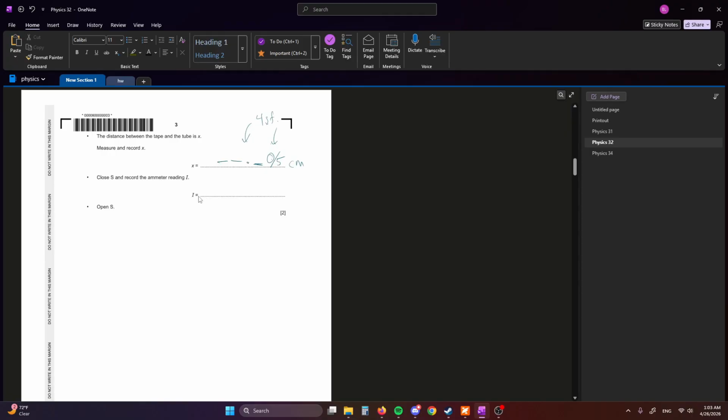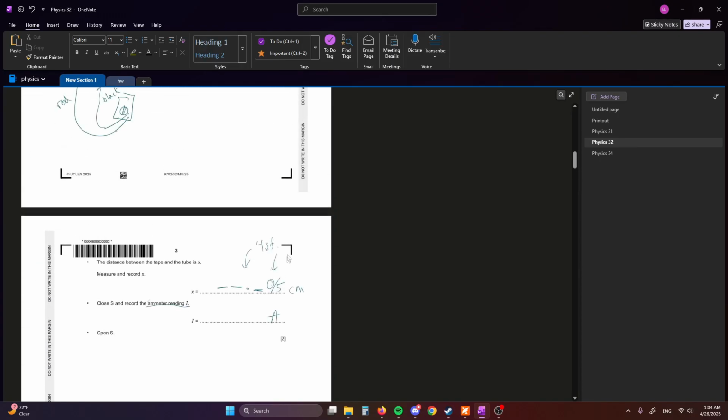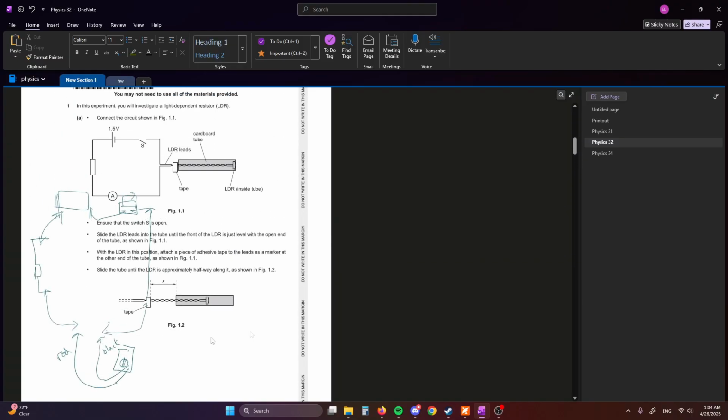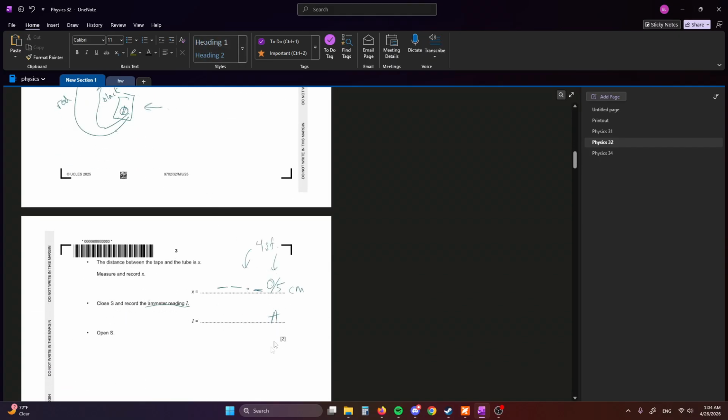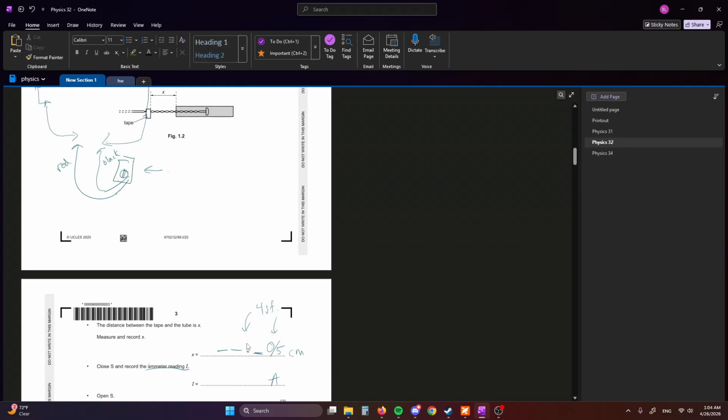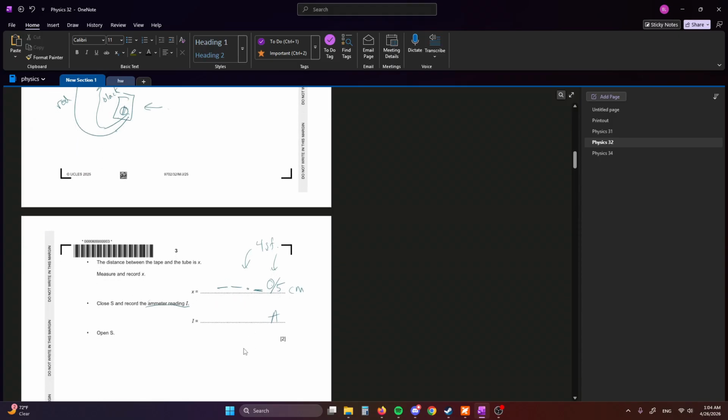But yeah, and then we obviously read the ammeter. Depending on the lab, for voltage or current, you might use different settings on this little device here. So you want to make sure that you set the correct unit, basically.